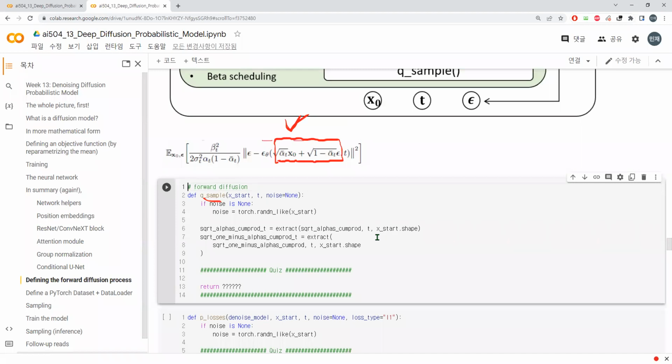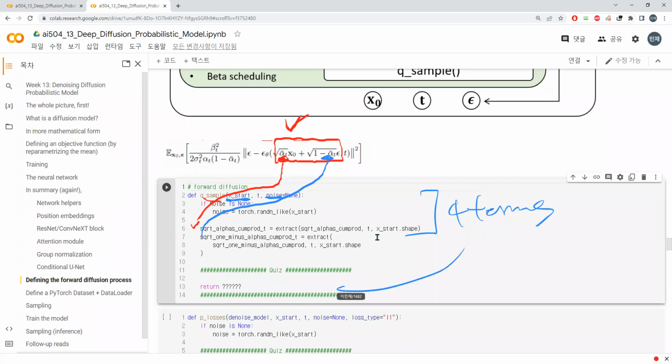Square root of alphas cumulative product t means this one, and square root of 1 minus alphas cumulative product t means this one. And you already got x_start and t. No, epsilon. Noise. So by combining these four terms, construct the return.